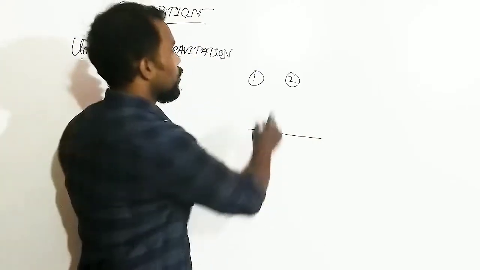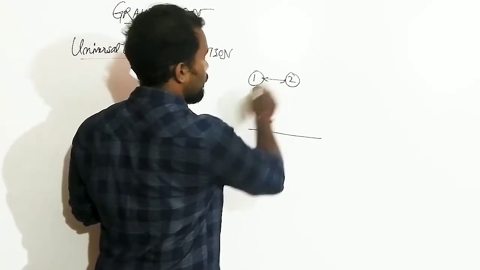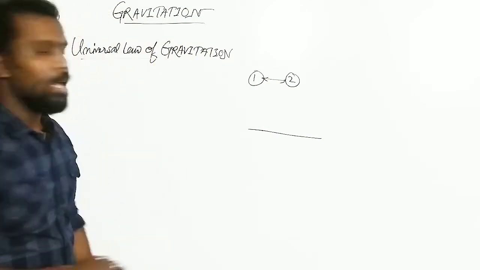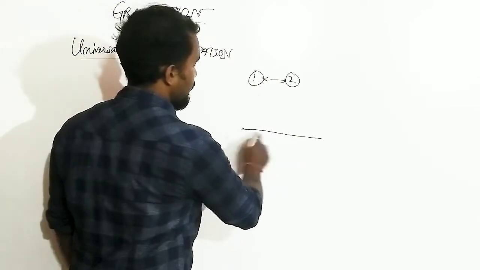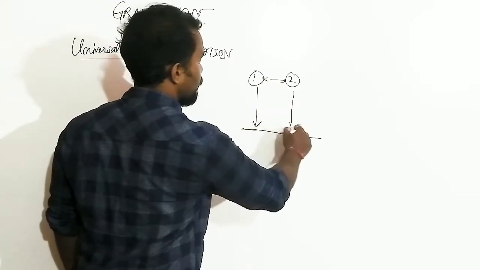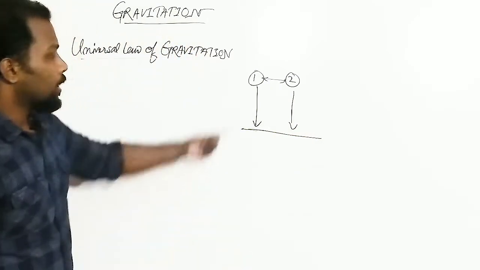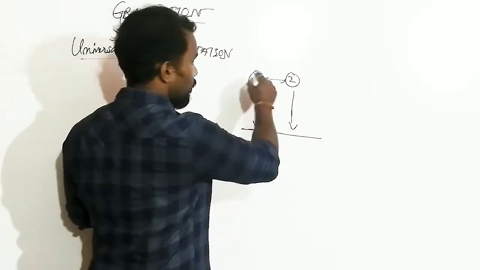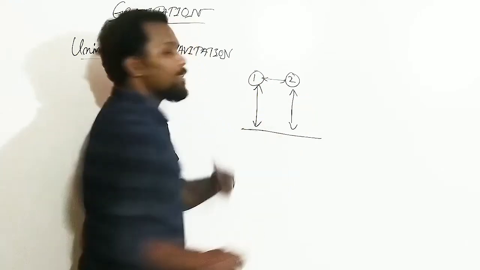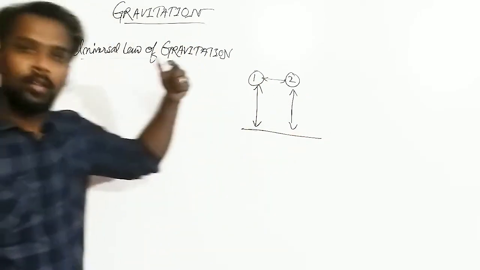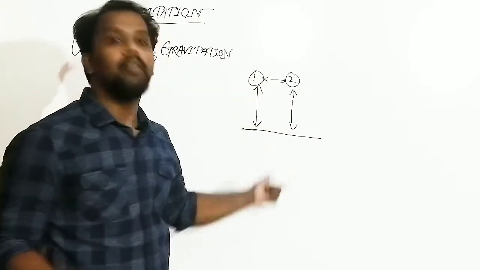So these two balls have some attractive force between the two. Again, since this is the ground, it also has a tendency to pull downward. That ball will attract, as I discussed, but this attraction is quite less compared to the attraction by the ground.